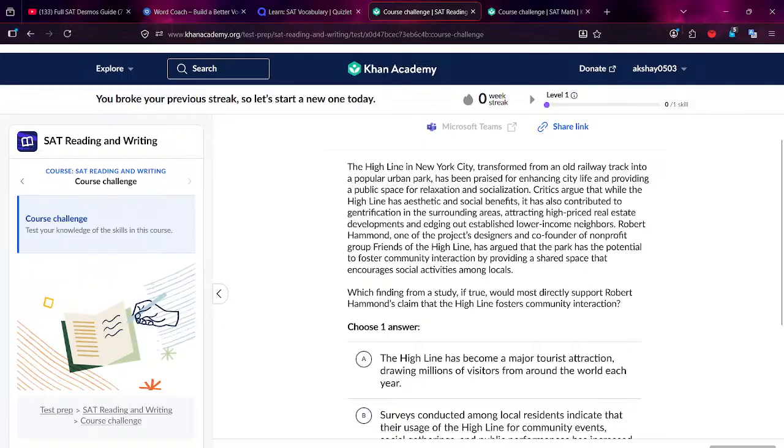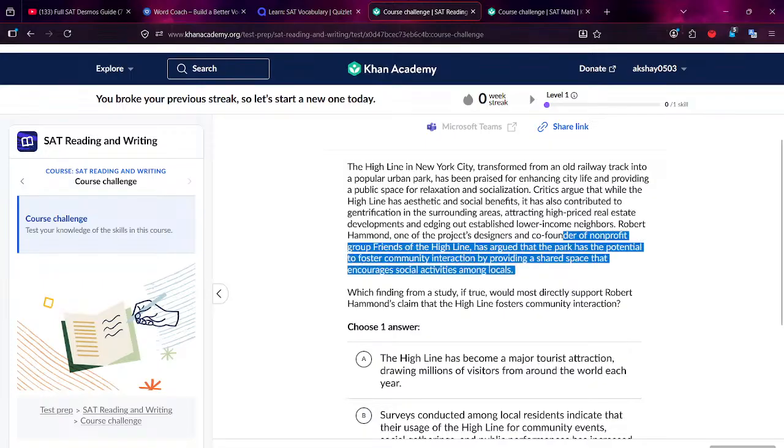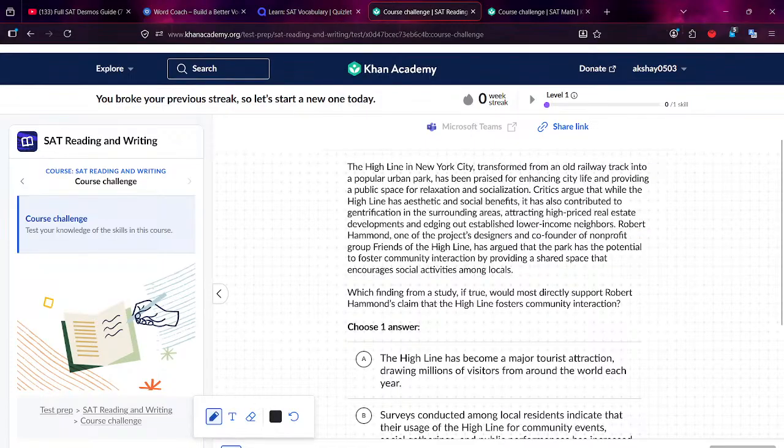So Robert Hammond has argued that the park has a potential to foster community interaction by providing a shared space that encourages social activities among locals. So what he's saying is that the park has a potential to foster community interaction by providing a shared space that encourages social activities among locals.